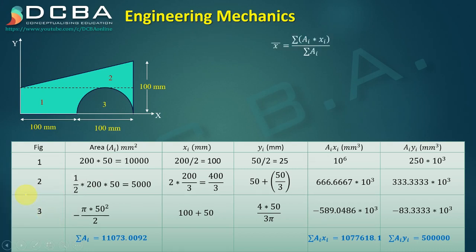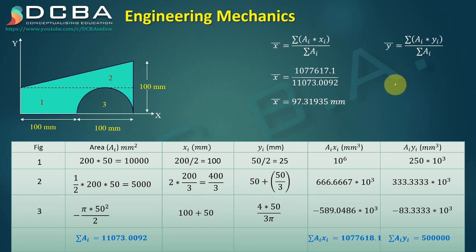So x bar is this summation ai xi upon summation ai, which will give you x bar is 97.31935 mm and y bar is summation ai yi upon summation ai, which is 45.1548 mm.